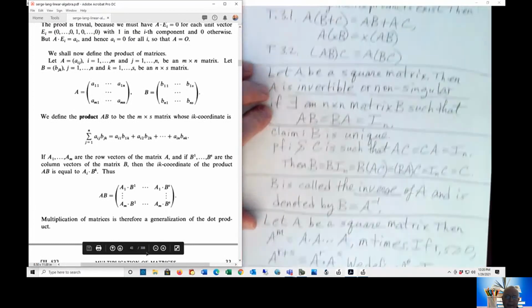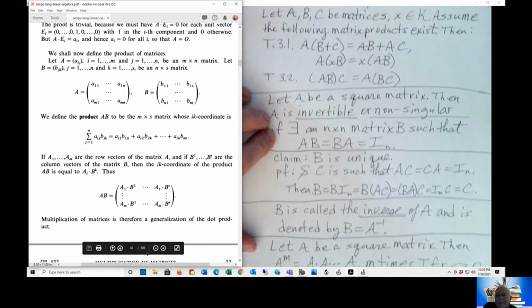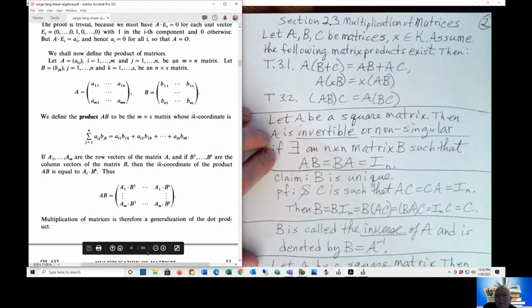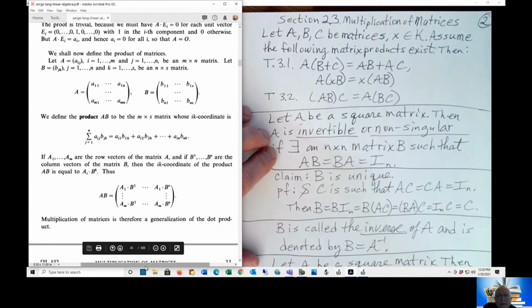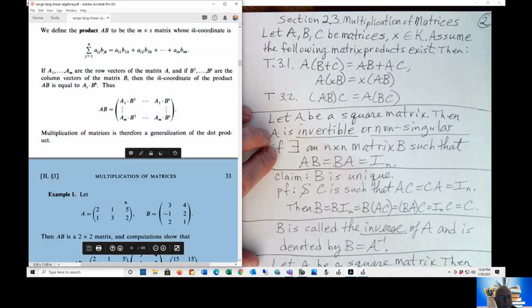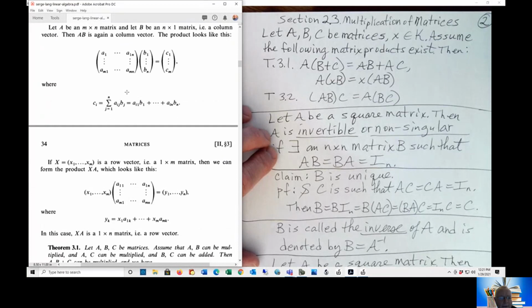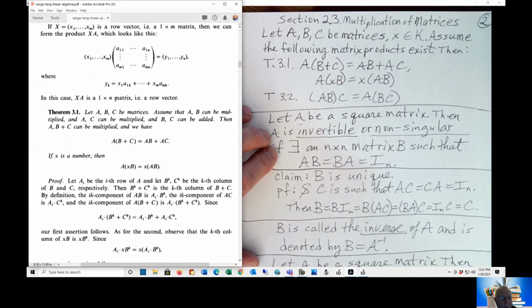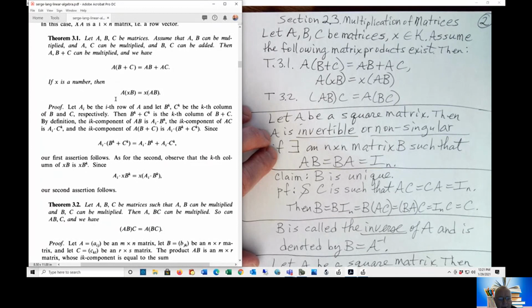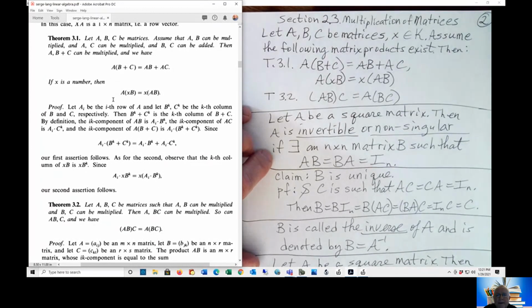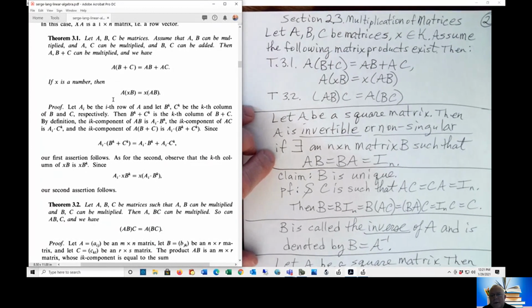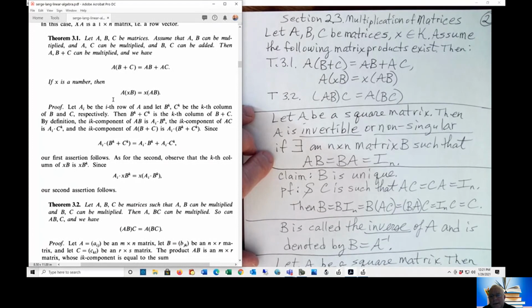All right? Now, I'm just going to mention some properties for distribution and the associative property. I'm going to mention these without proving them. Suppose A, B, and C are matrices and X is a scalar.